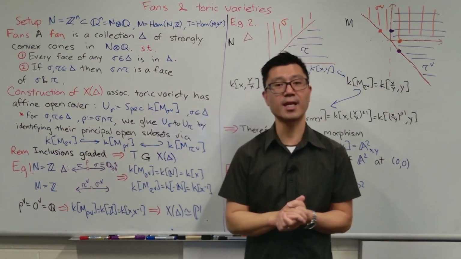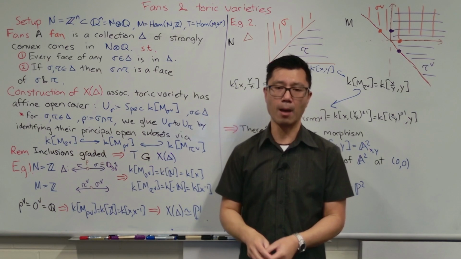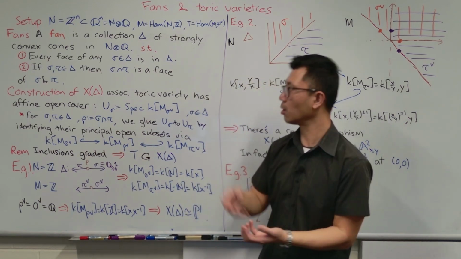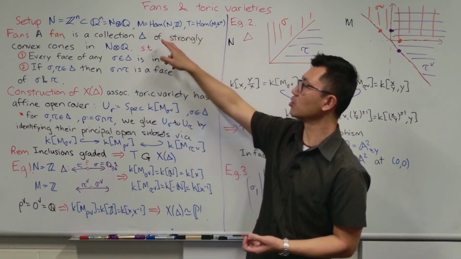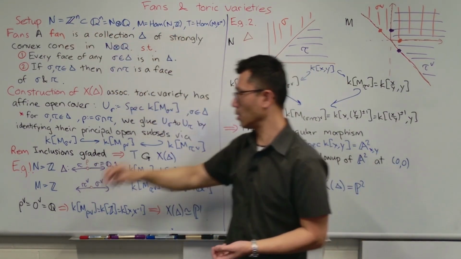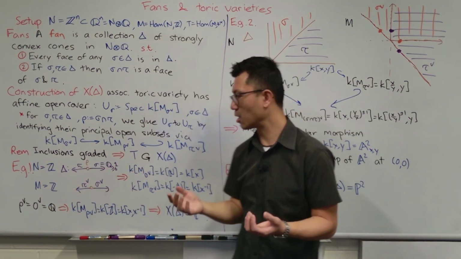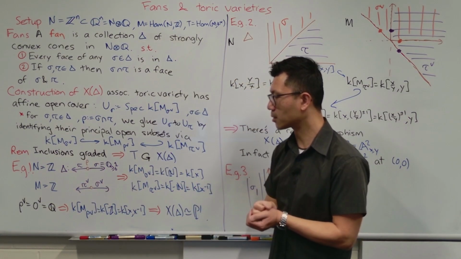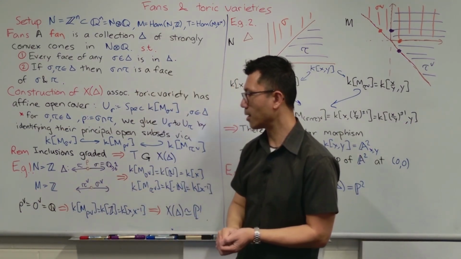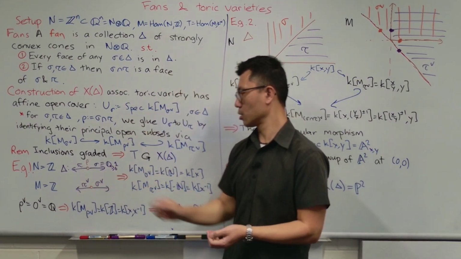So what's the next step? Remember, this is the data that we use to define it, but to actually construct the toric varieties, we look at the dual situation. So the dual cone and the dual abelian group. We move from N to M now, and we can use the Euclidean inner product, the usual dot product, to identify this M with Z. Also the dual of Q would just be Q. So what's sigma check?